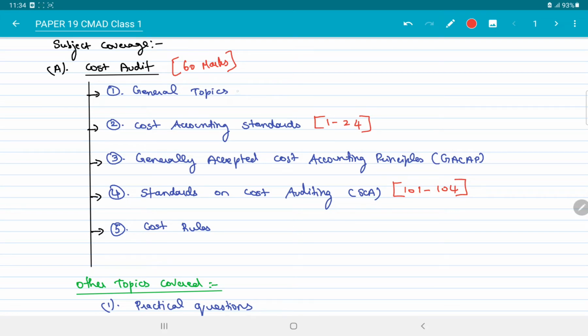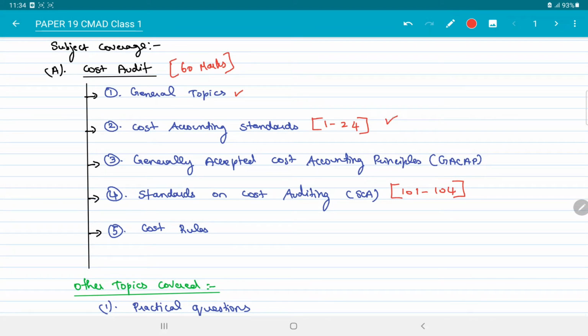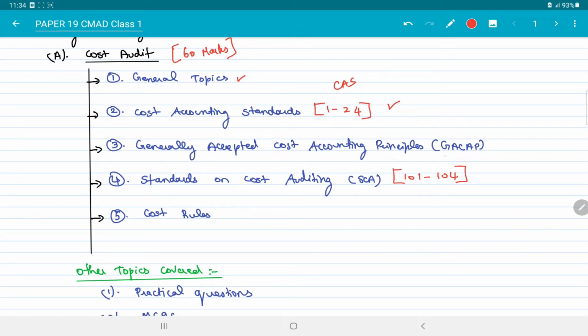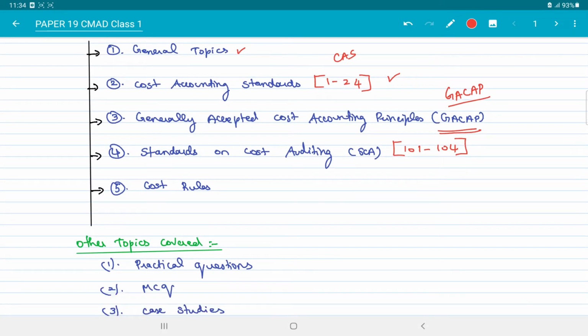So it is general topics: cost accounting standards, CAS 1 to 24, then generally accepted cost accounting principles, GACAP, generally accepted cost accounting principles.